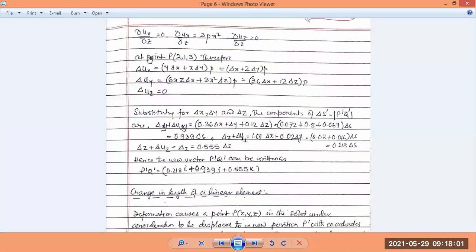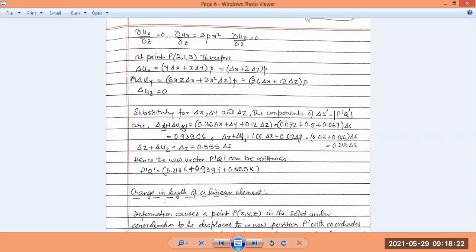Similarly, if you derive ux, uy, and uz in terms of z, you will get 0. The derivation of uy will be 3 p x squared, because it has a z. Here it will again be equal to 0. So at the point, what is delta ux?